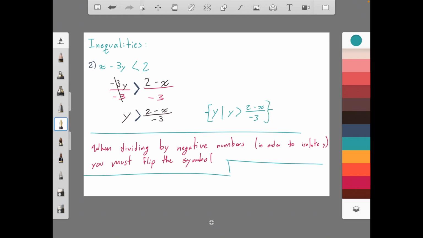Okay, and remember that these two variable exercises are represented not in a number line but in a coordinate plane. So you graph it and it should give you something like this. And I'm going to go further into graphing inequalities on the next video.